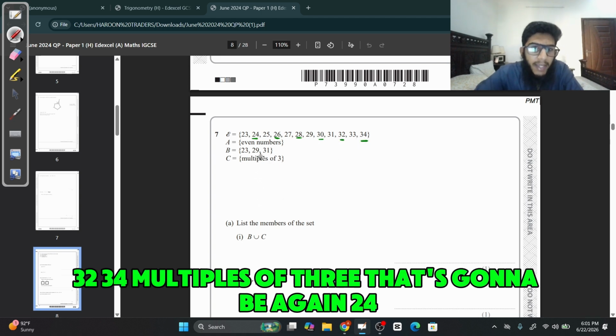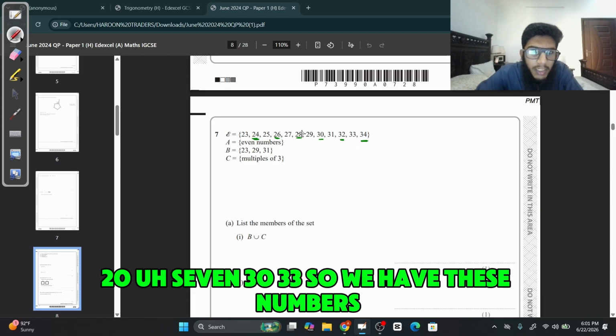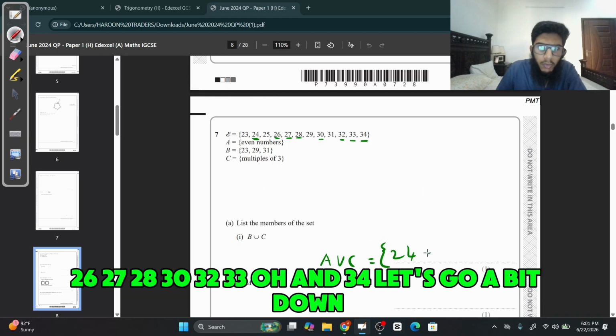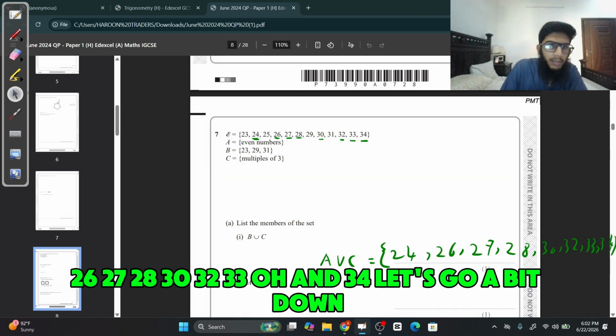Multiples of 3: again 24, 27, 30, 33. Let's write them down first. So A union C is equal to 24, 26, 27, 28, 30, 32, 33, and 34. Let's go a bit down.